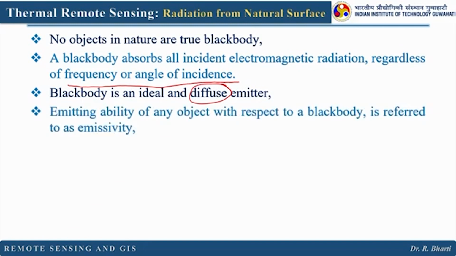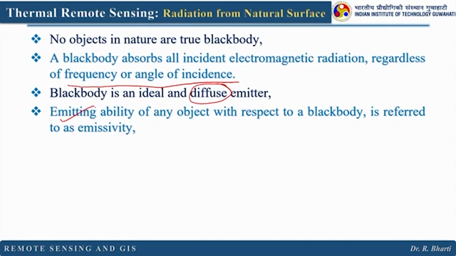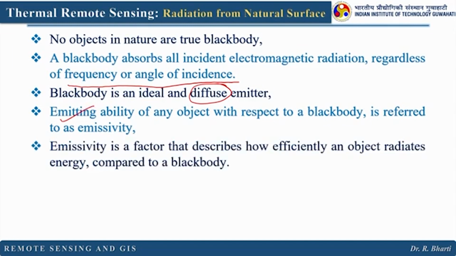Next point is the emitting ability of any object with respect to a black body, which is referred to as emissivity. That means if we can measure the radiance in the thermal range of any given material at a particular temperature, and at the same temperature measure the radiance of a black body, and if we divide them, then we will get the emitting ability of that particular material, right?